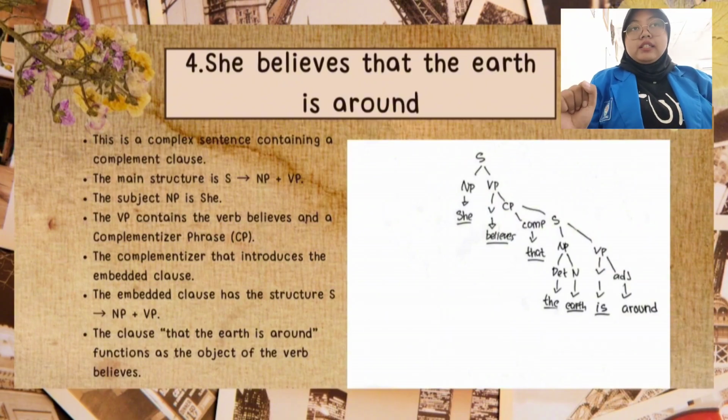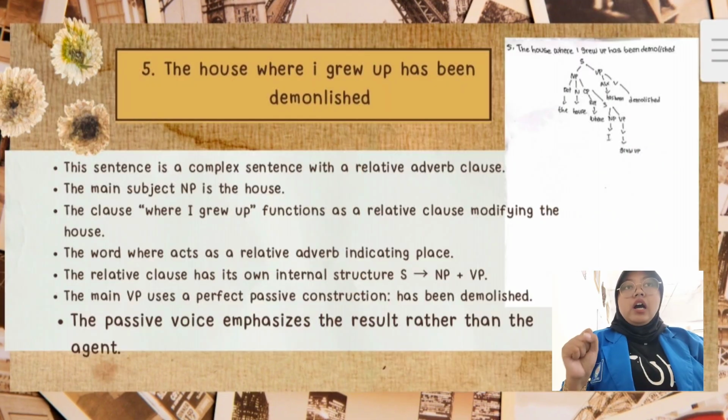Okay, next, the last one: the house where I grew up has been demolished. This sentence is a complex sentence with a relative adverb clause. The main subject noun phrase is the house. The clause where I grew up modifies the noun house.